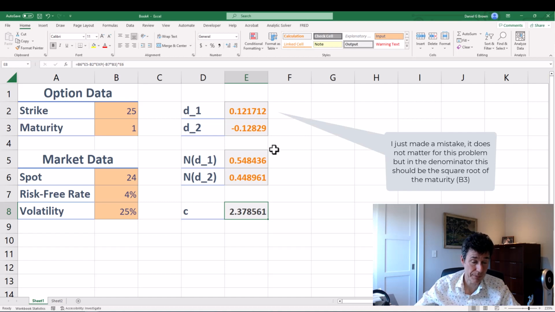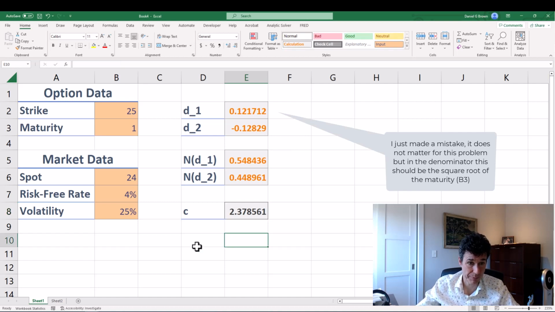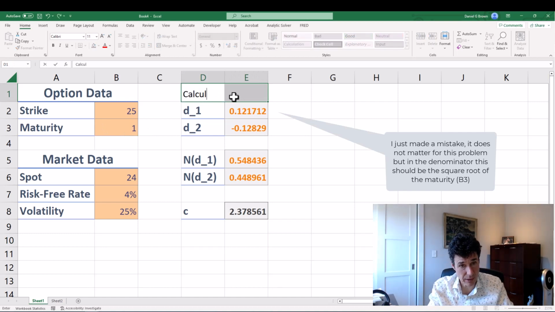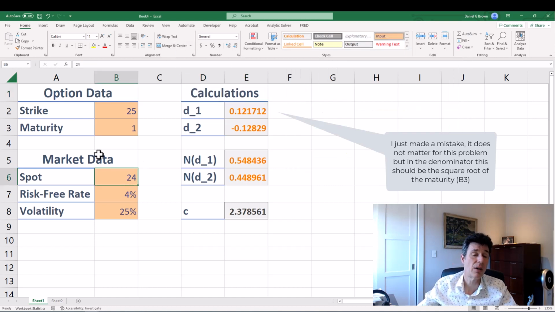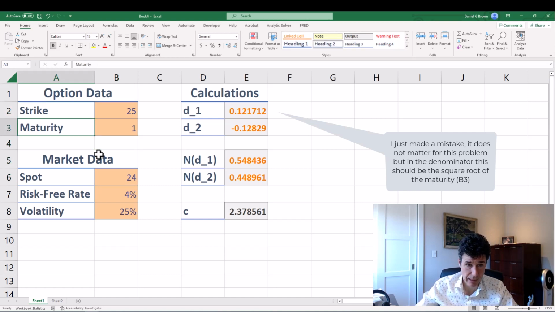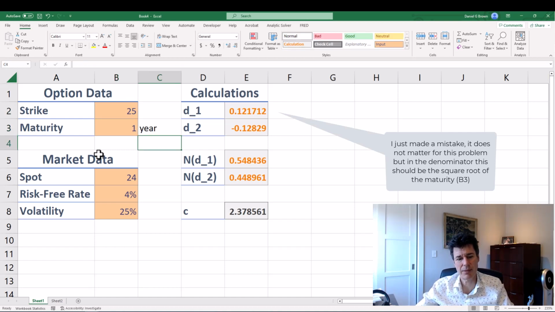One thing to note about the pricing here. Let's make this calculations, just make our spreadsheet look a little nicer. There we go. Okay, so one thing to note. When we trade an option, the strike is fixed, obviously. The maturity is fixed, but the maturity is not really written in years.